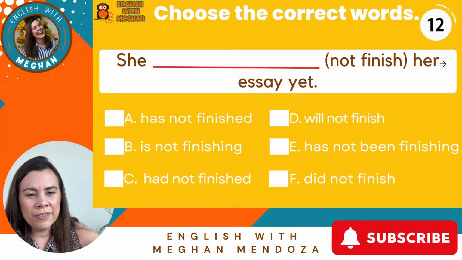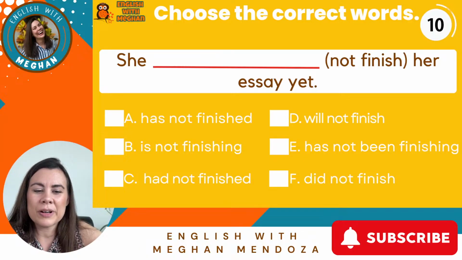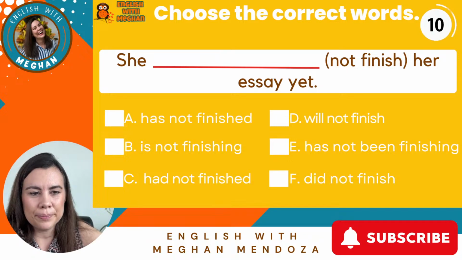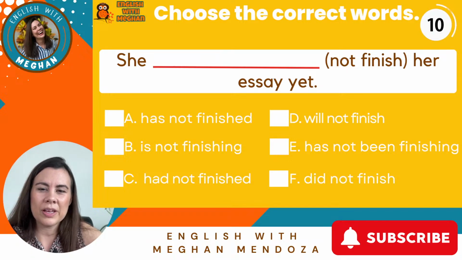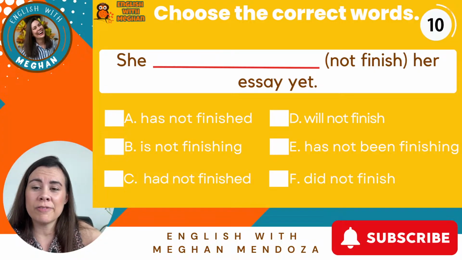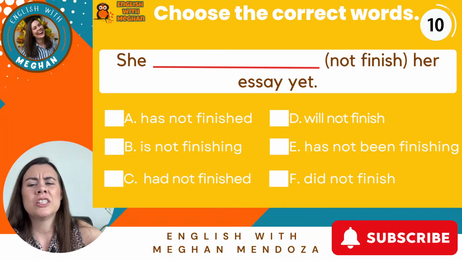She not finish her essay yet. Be careful of the pronunciation of that word yet. Okay. So has not finished, is not finishing, had not finished, will not finish, has not been finishing, did not finish.